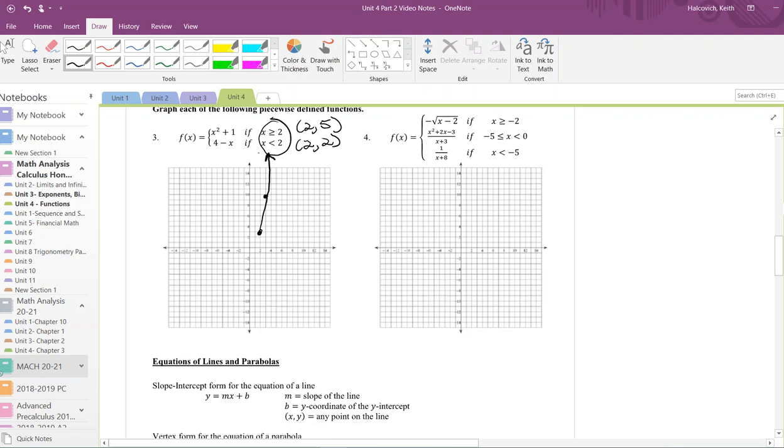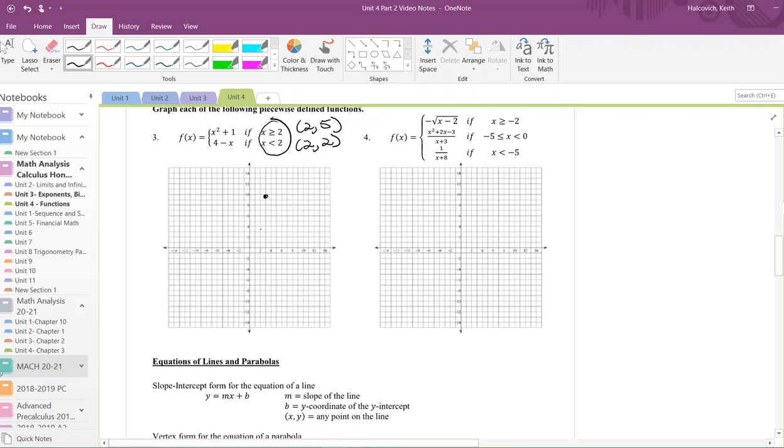And then for the second part, 2, 2 is going to have an open circle because it doesn't equal 2. And then if I put 1 in, I get 3. Sorry, I didn't put it precisely; let me draw this again.